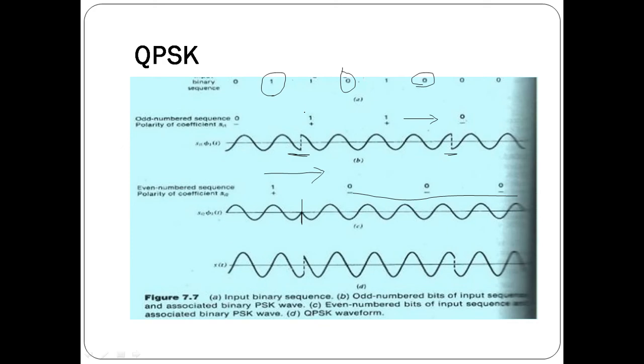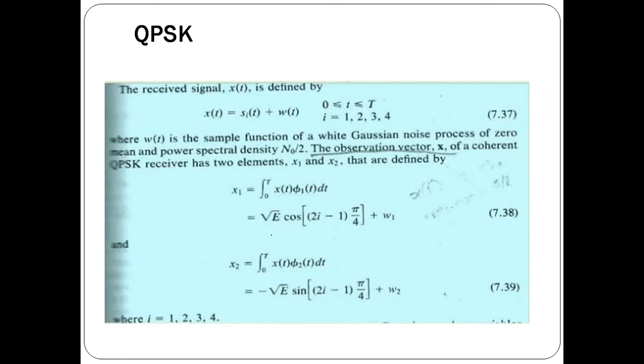At this particular point the phase shift occurs, and that is called quadrature phase shift. The next point where we have a change, here we have a phase shift. So the resultant waveform is called quadrature phase shift keying, where it takes one of four values: pi by 4, 3 pi by 4, 5 pi by 4, and 7 pi by 4.